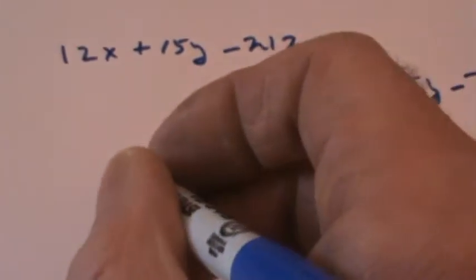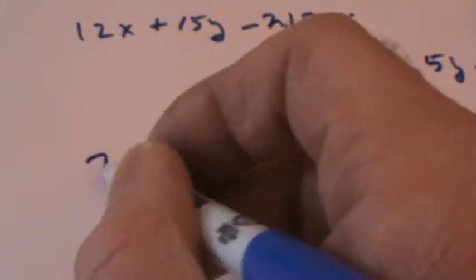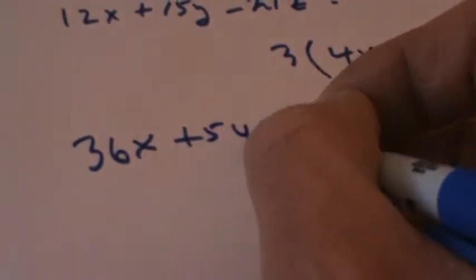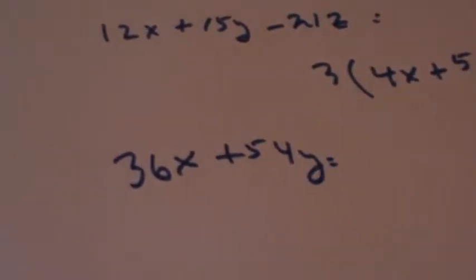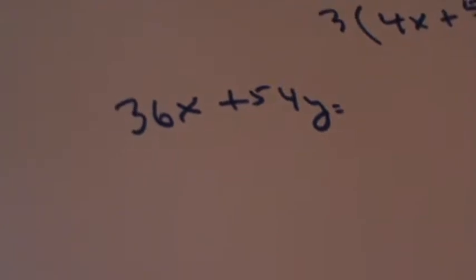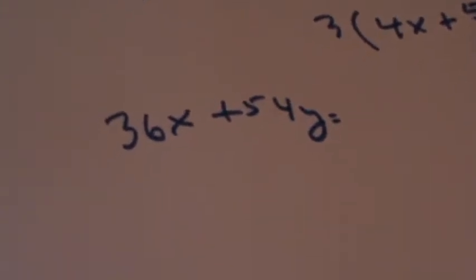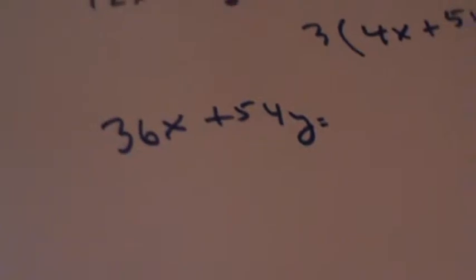Okay, let's take a look at another example. Same basic idea. So we'll go with 36x plus 54y. In this case, the greatest common factor for the numbers 36 and 54 turns out to be, well, we can try numbers like 2, we can try 4, we can try other numbers like that, but those are not always going to be the ones that we want to work with.